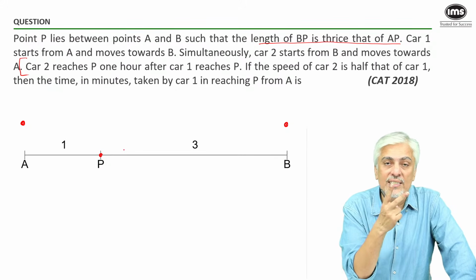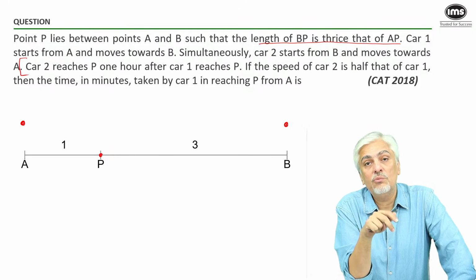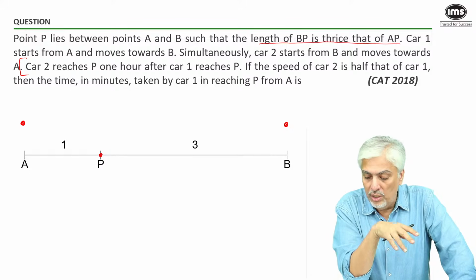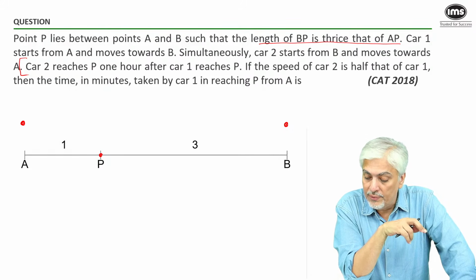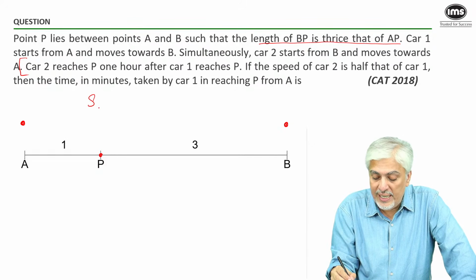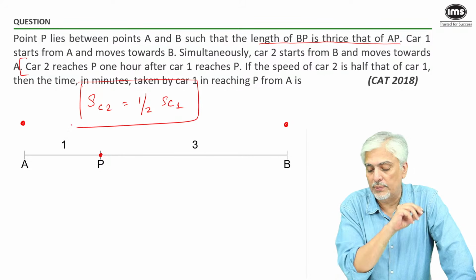There could be two reasons. The second car is slower, or because this distance is higher, it took more time. All that we'll see later, they must have told something. If the speed of car 2 is half of car 1, very important. Speed of car 2 is half the speed of car 1. This was very, very important.